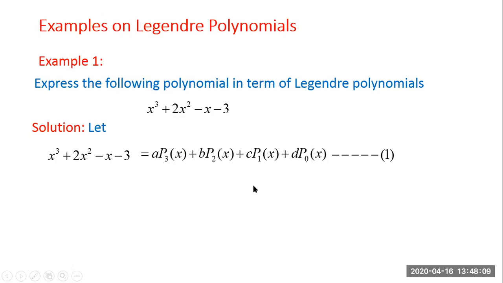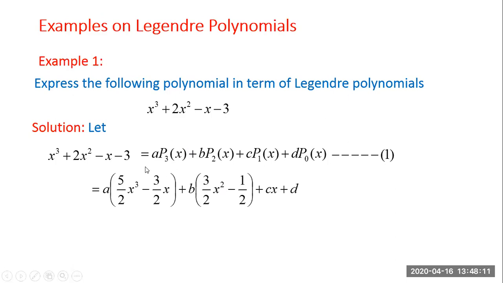Let me call it number 1. Now substitute P3 of x, which is 1 by 2 times (5x cube minus 3x), or 5 by 2 x cube minus 3 by 2 x; b into P2 of x, 1 by 2 times (3x square minus 1), or 3 by 2 x square minus 1 by 2; c into P1 of x, which is x; d into P0 of x, which is 1.